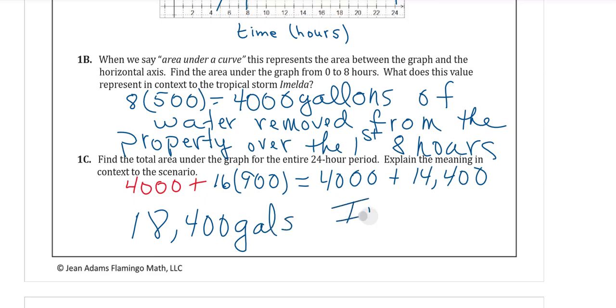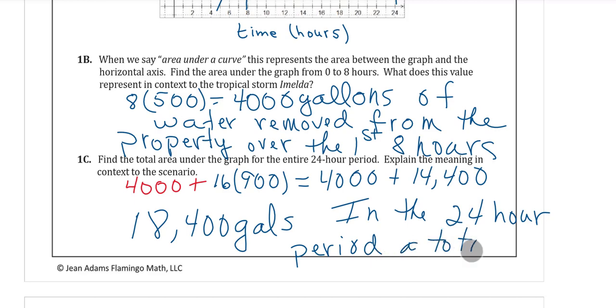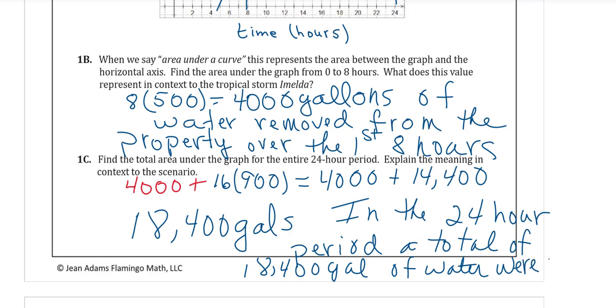So in the 24-hour period, a total of 18,400 gallons of water were removed from the property.